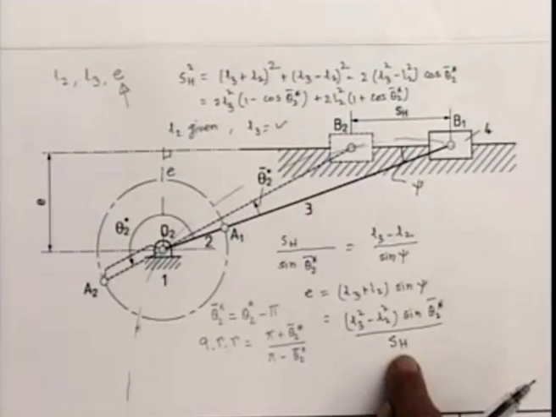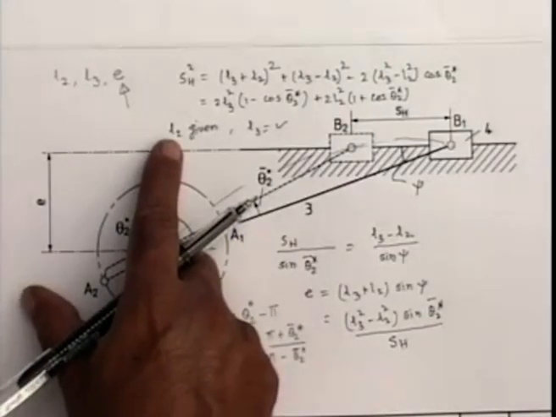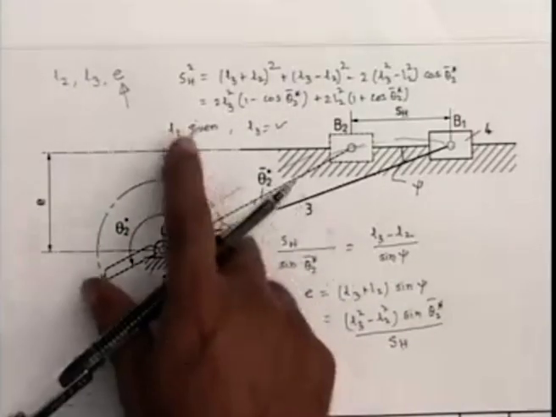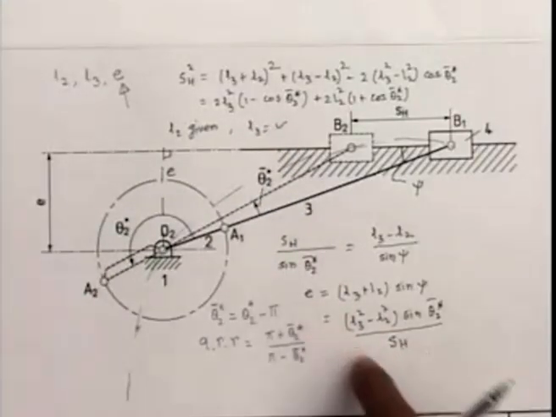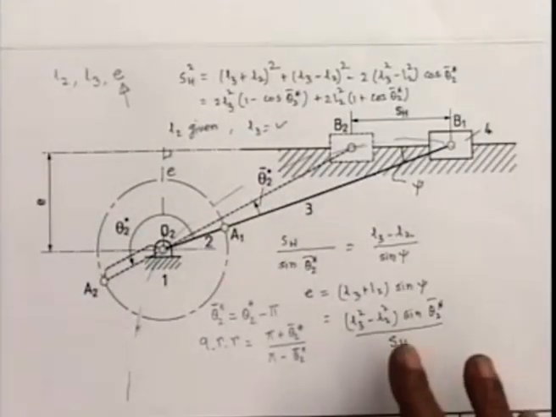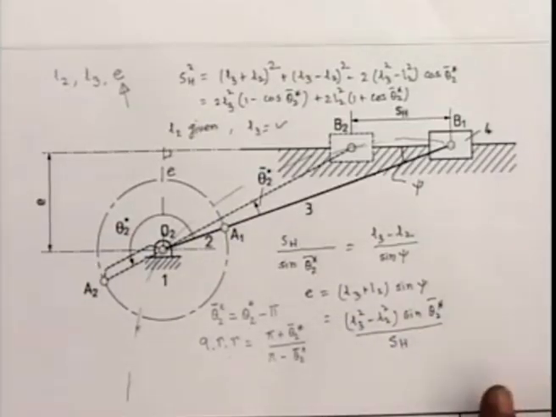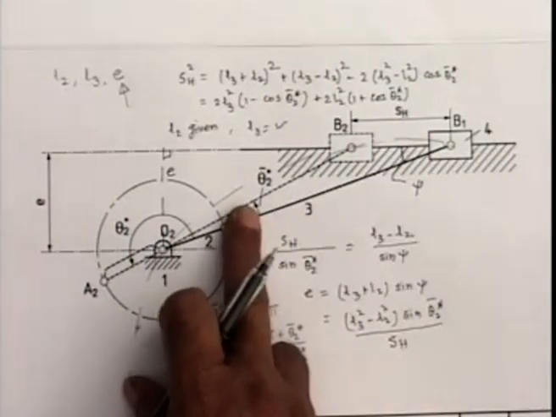So given stroke length, given quick return ratio, given L2, first we solve for L3 and then I can find E. Or the other way around, if L3 is given, then I can find L2 and then again I can find E. So this completes the dead center configuration problems for designing or synthesizing a slider crank mechanism of given stroke length and given quick return ratio.